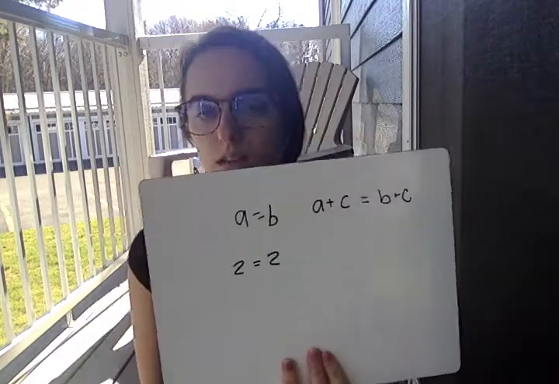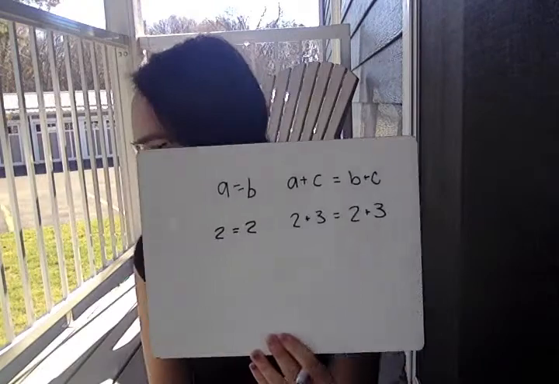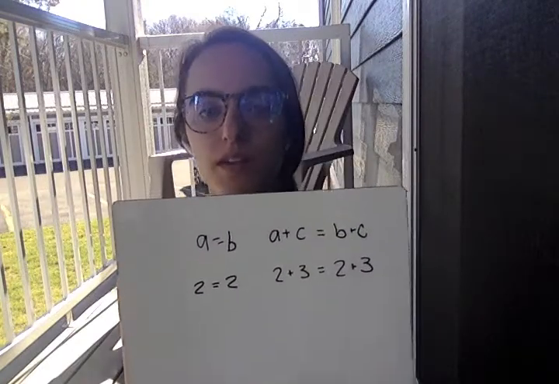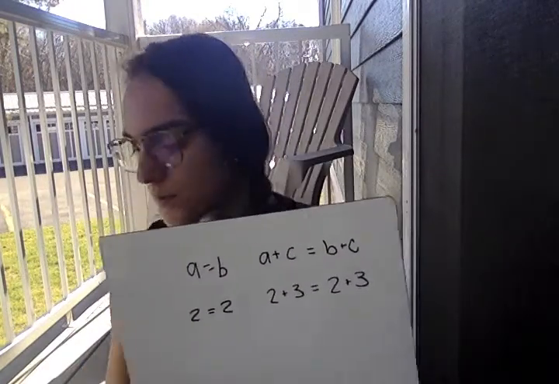If they said that 2 equals 2, it's a true statement. If 2 equals 2, then 2 plus 3 would be equal to 2 plus 3.